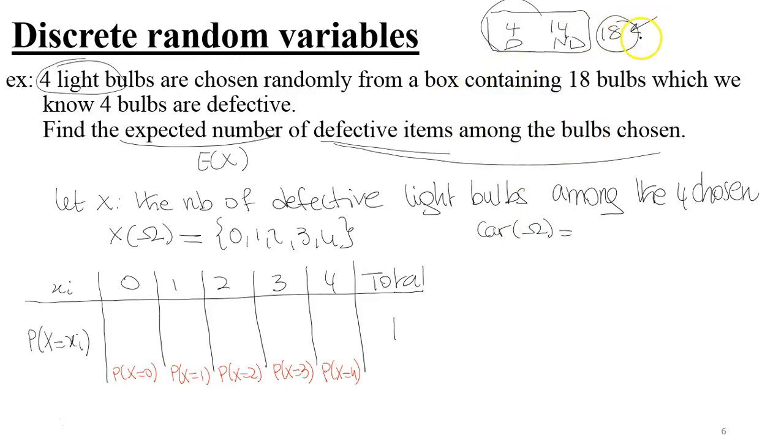I have 18 light bulbs in the box. To determine the cardinal of omega, I don't care if they were defective or not. So I have a total of 18 objects, out of which I want to choose 4 randomly. Is this experiment done with or without repetition?